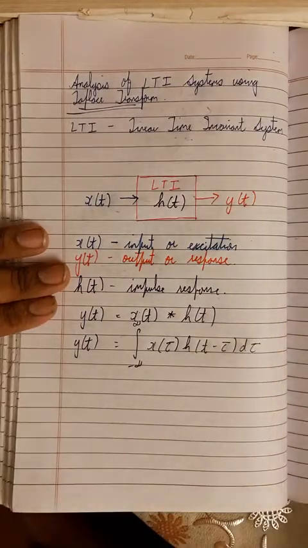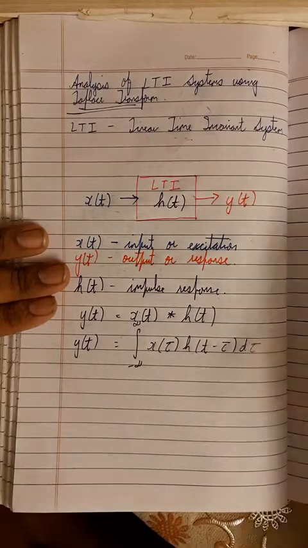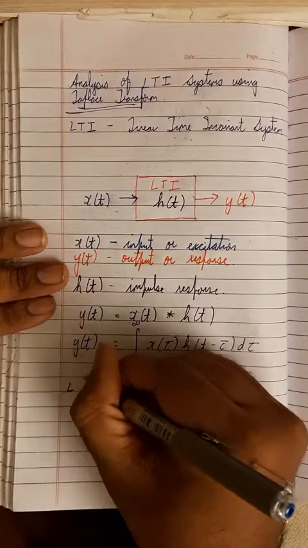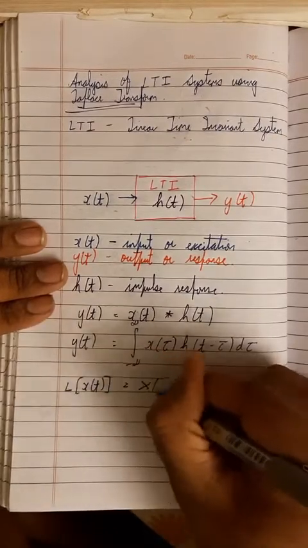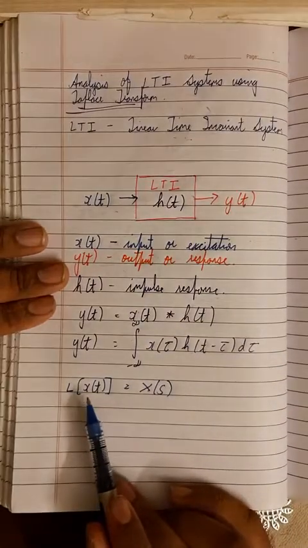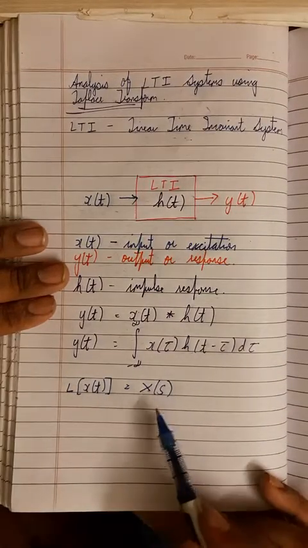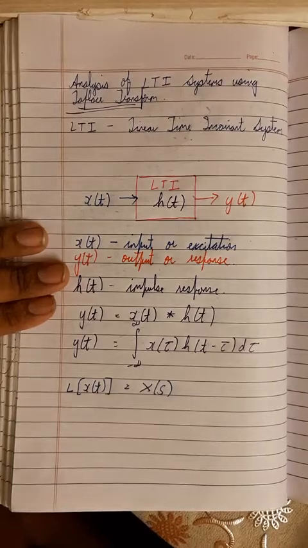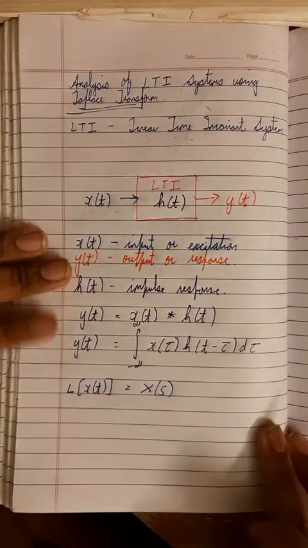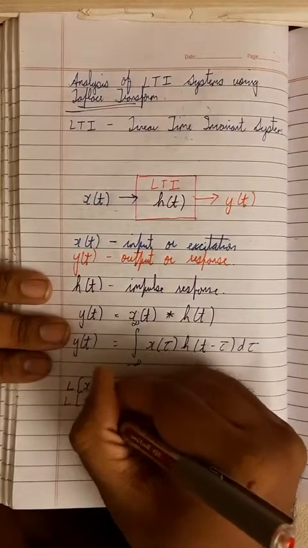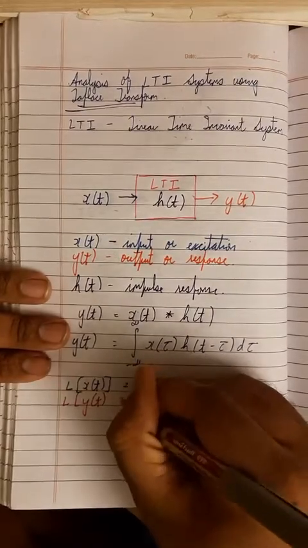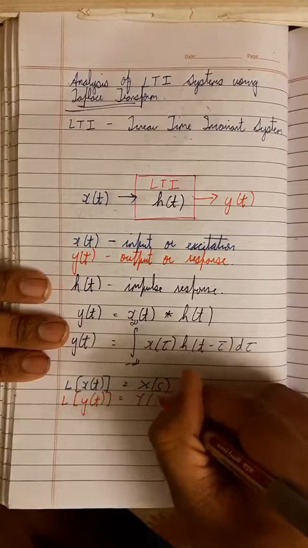For example, let the Laplace transform of x of t be X of s. Let the Laplace transform of the input signal be X of s, so this is the input function. Let the Laplace transform of y of t be Y of s.